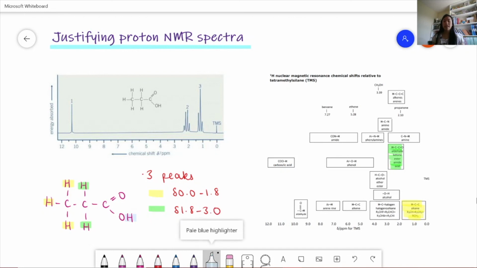And finally, looking at the last hydrogen, we have that this hydrogen is attached to an oxygen and it's a carboxylic acid. And so this is the box that we're looking for. And so its value will be between 10 and 12 ppm.